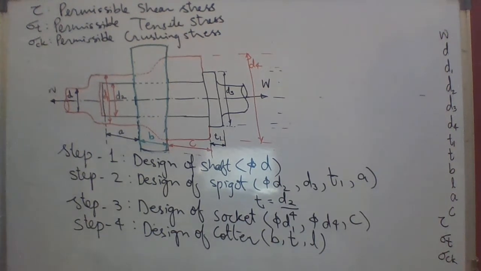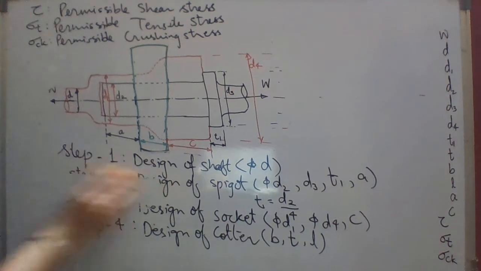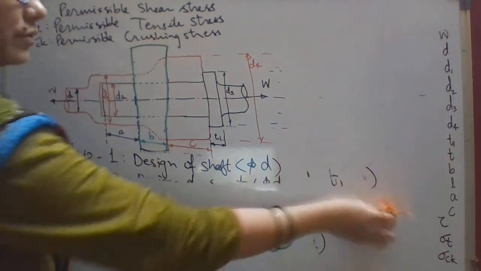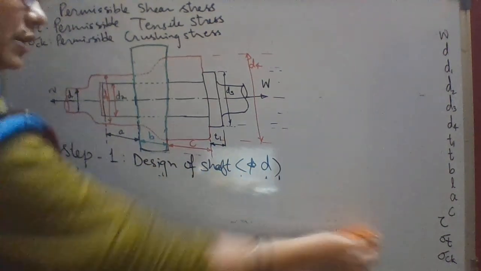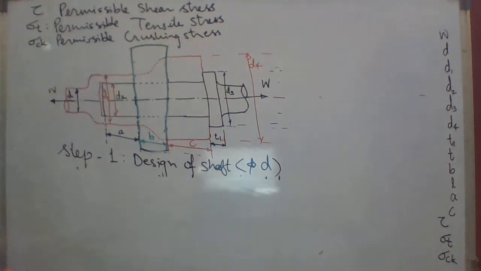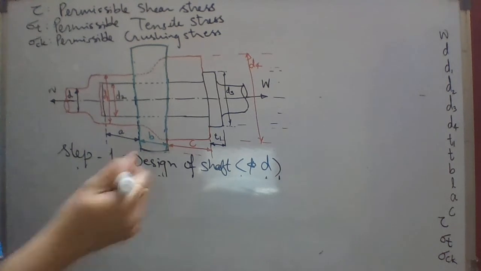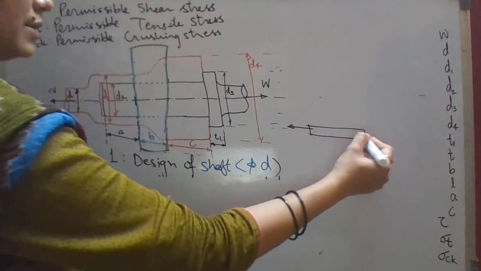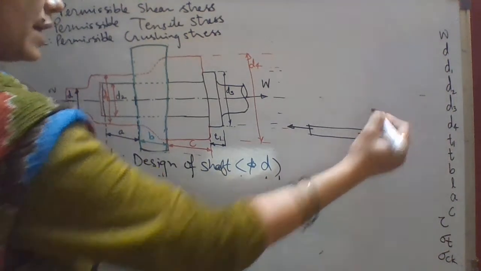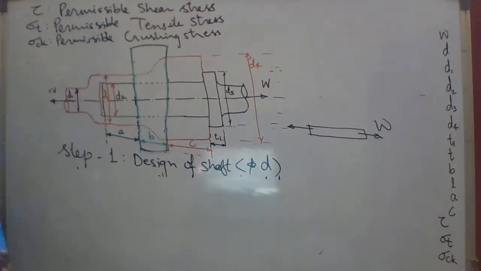Now we will start with step number 1, that is design of shaft. I will give you a very simple example. You have to imagine all the parts in the same style. If there is a shaft and some load is acting on it, then obviously tensile stress will be induced in the material.